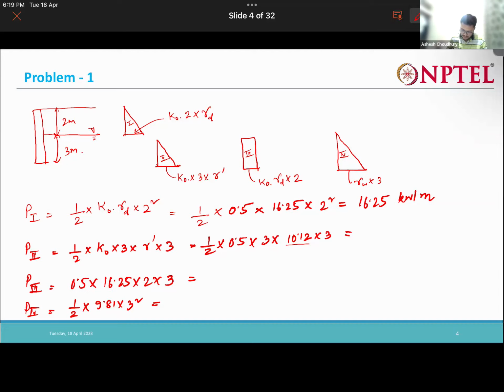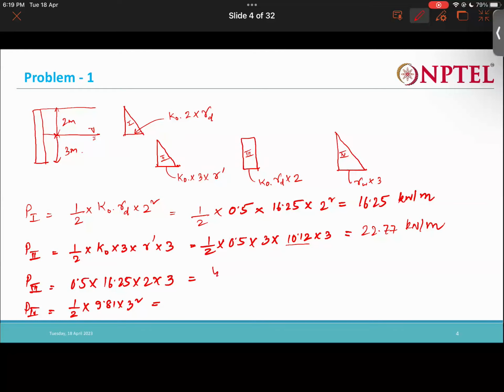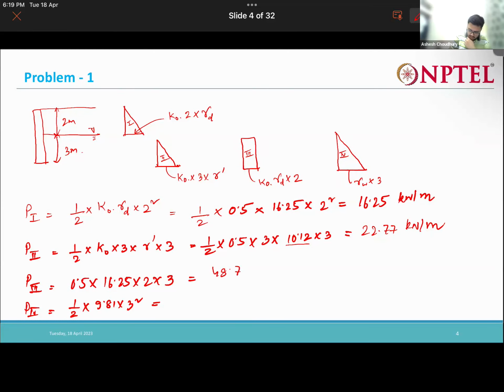Half into 0.5 into 3 into 10.12, 22.77. Please check once. Not into gamma T. Right.